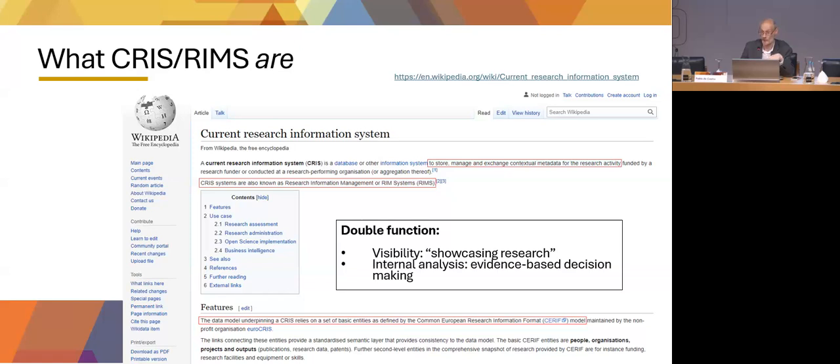The first one is providing visibility. This is kind of the open science side, or the clearest open science side of CRIS systems.